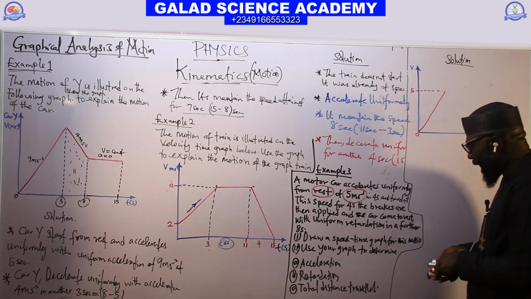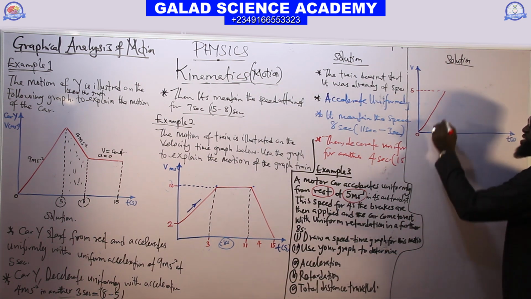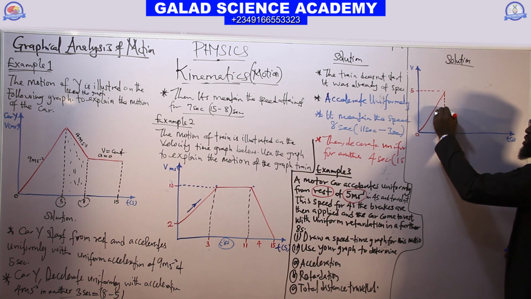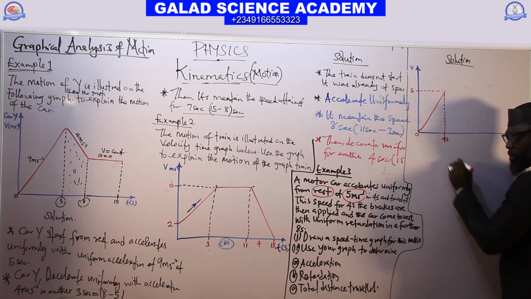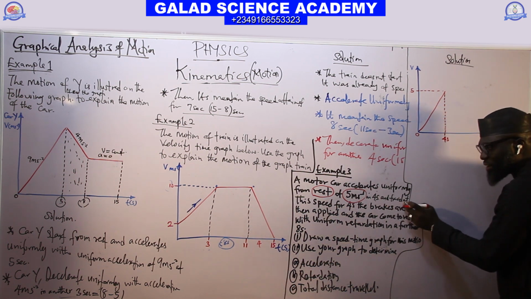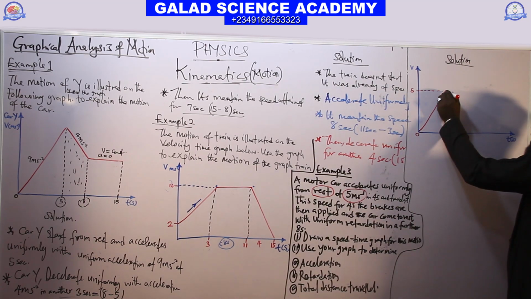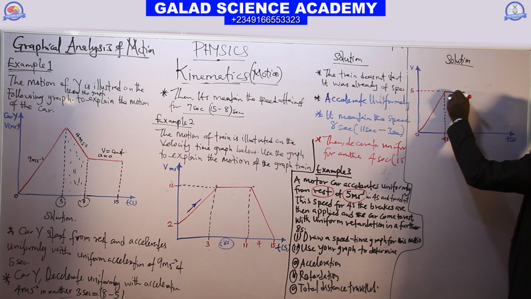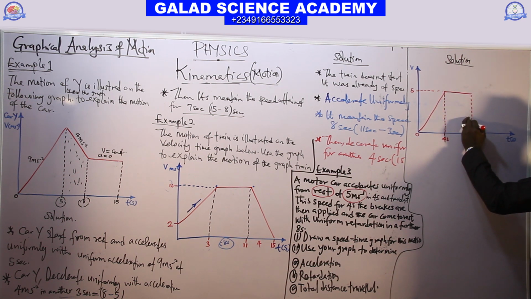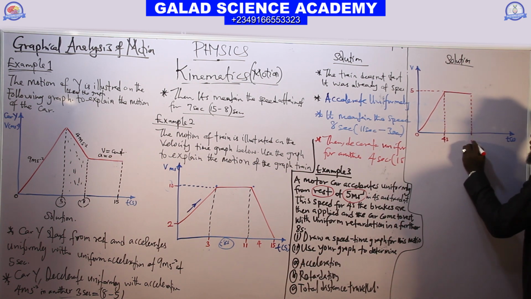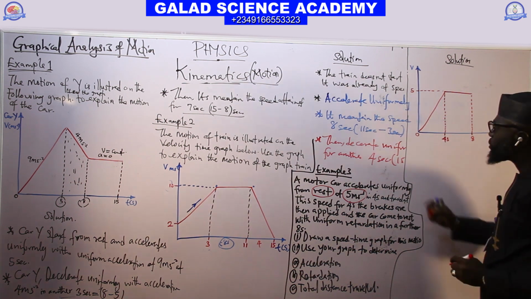So it accelerates uniformly from rest to 5 meters per second, traced down like this, and this place is forward 4 seconds. It will now maintain the speed, which is 5 meters per second here, for another 4 seconds. If you add 4 seconds plus this 4 seconds, it gives us 8 seconds.